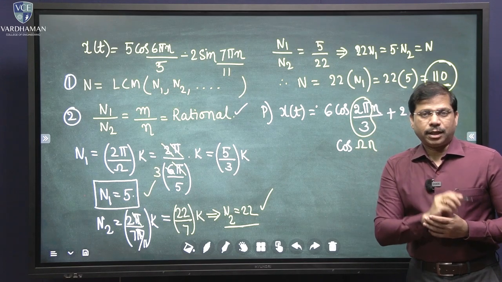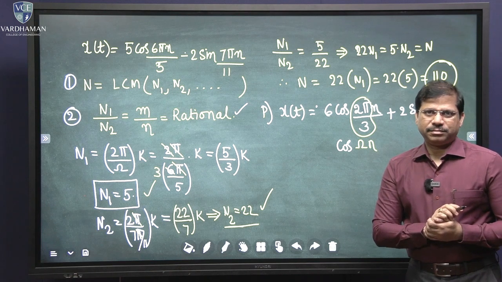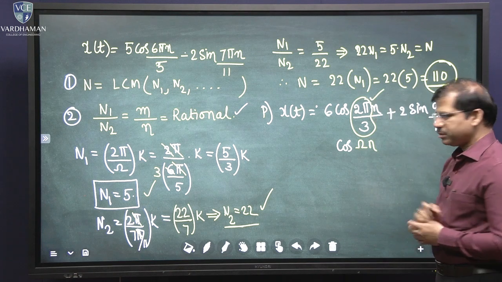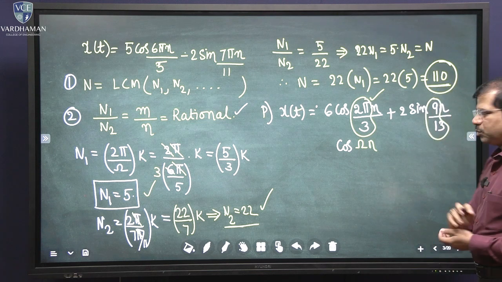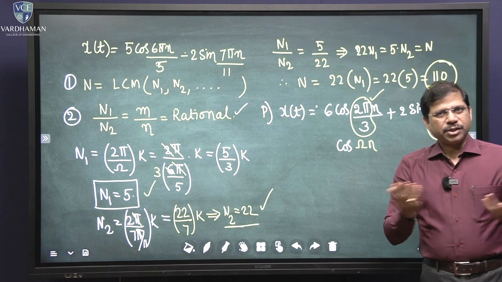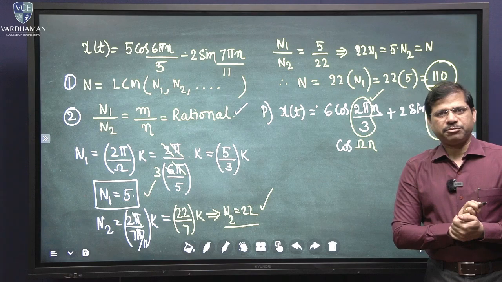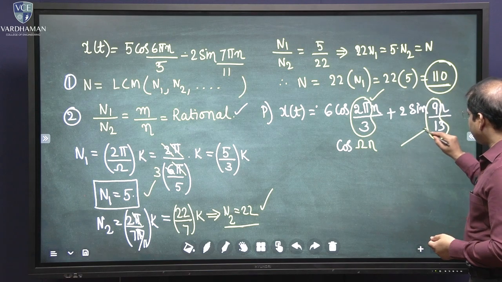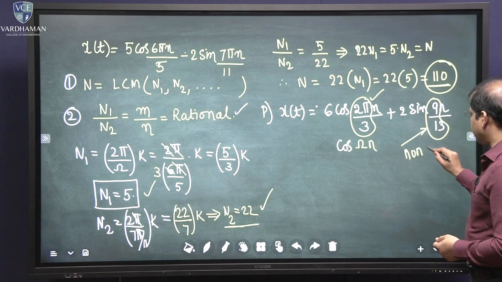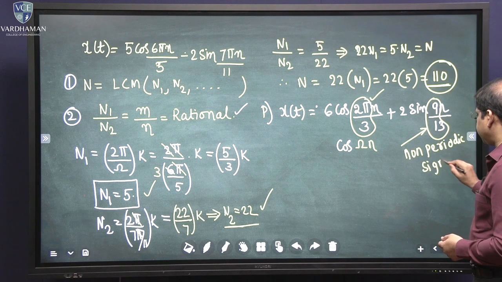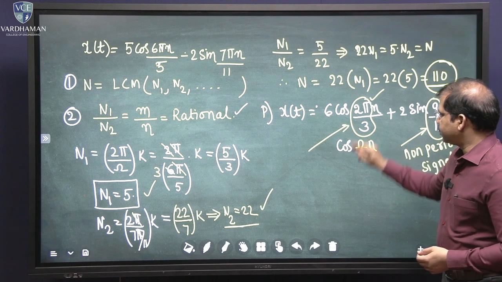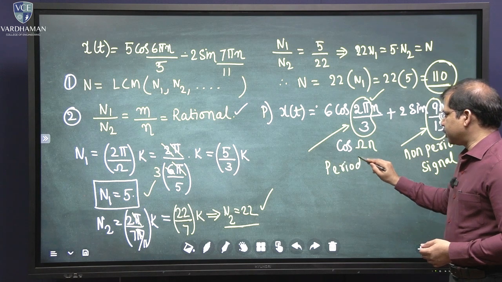This omega must be in terms of pi. Now this one is in terms of pi, so therefore this is a periodic signal, there is no doubt. But what about here? That's not in terms of pi. So therefore this is a non-periodic signal. Whereas this one is a periodic signal.